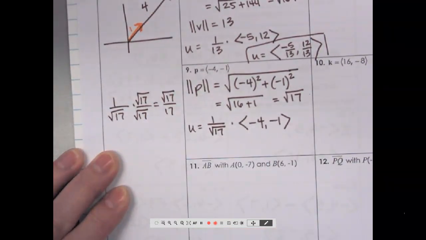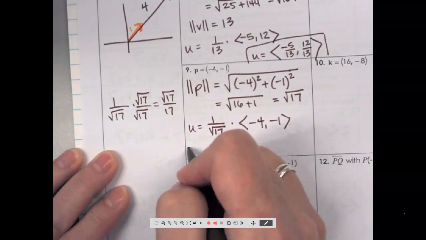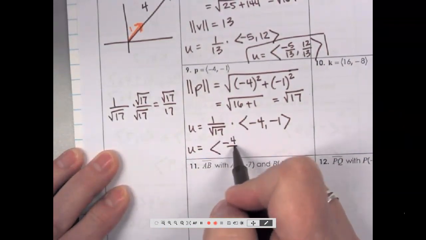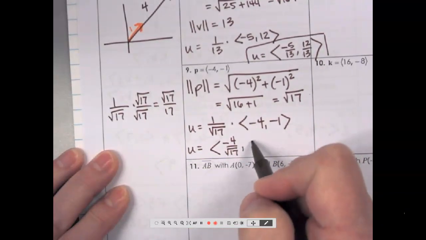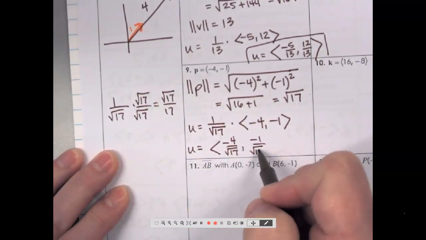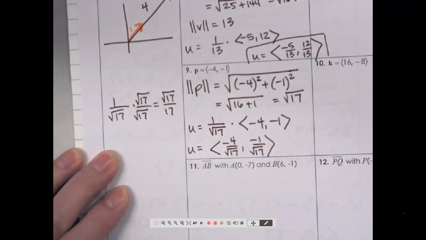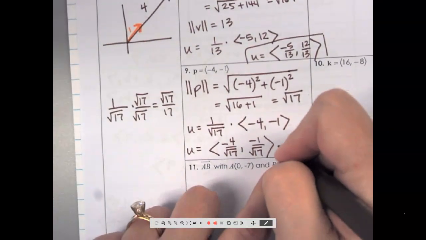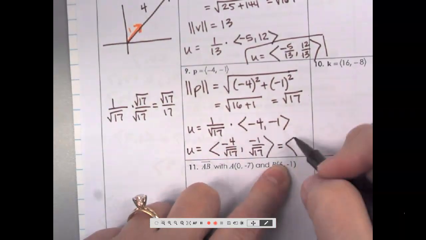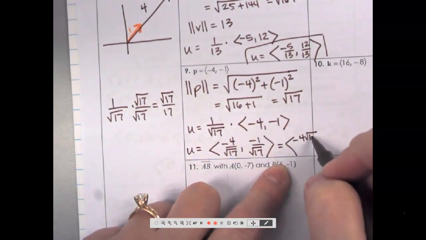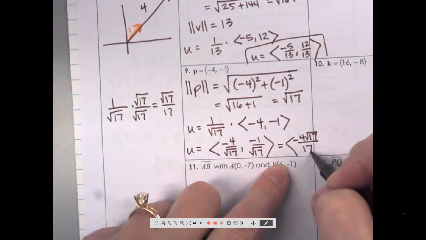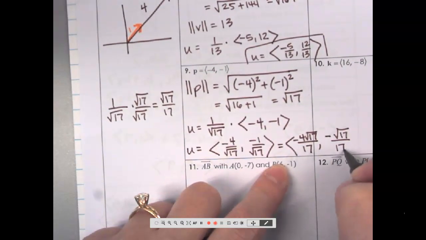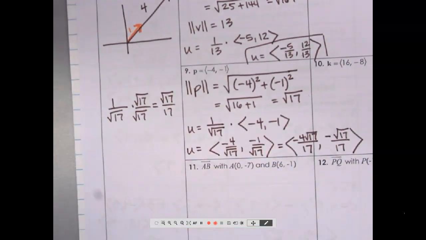Remember doing that? So I'm going to go ahead and multiply. -4 over square root of 17, -1 over square root of 17. But then if I rationalize these and multiply by square root 17 over square root 17, I get -4 square root 17 over 17, -1 square root 17 over 17. And that would be the unit vector.